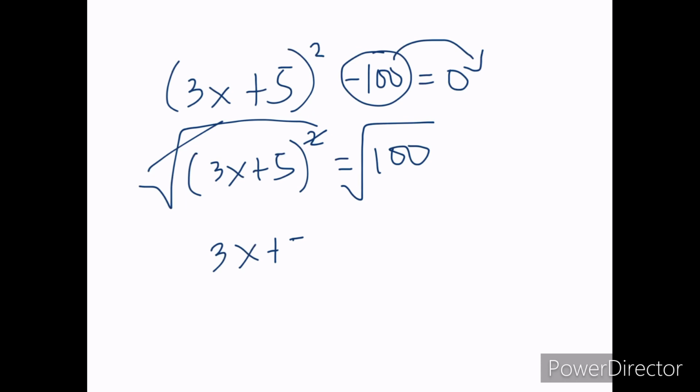So cancel this one. Our x is equal to negative 5. Therefore, the solutions to the square of 3x plus 5 minus 100 equals 0 are 5/3 and negative 5.